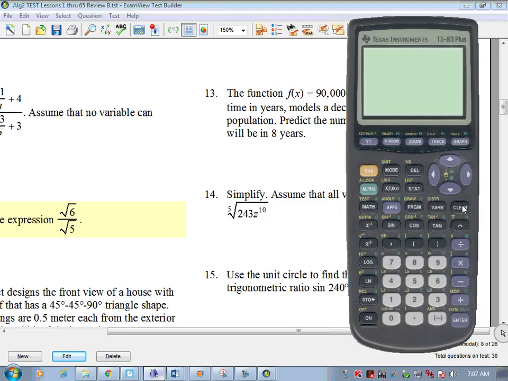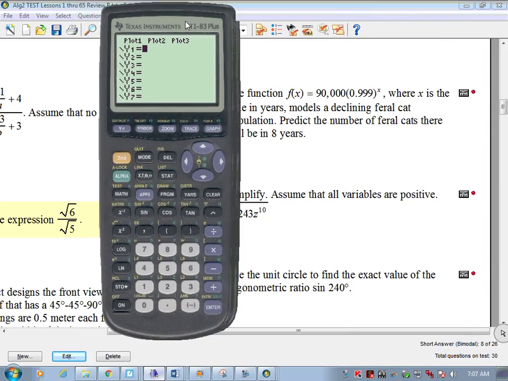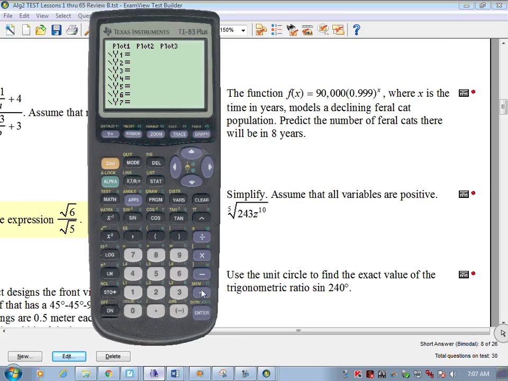All right. Let's go to y equals, because f of x is 90,000 times 0.999 to the x. All right, we could see a graph of this. It should be an exponential decay function, if it ever shows it.